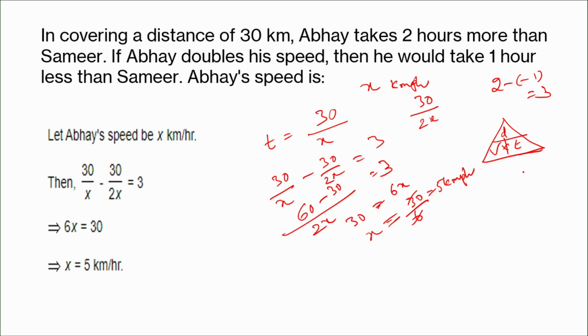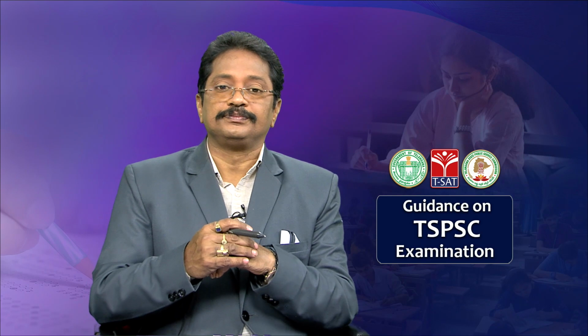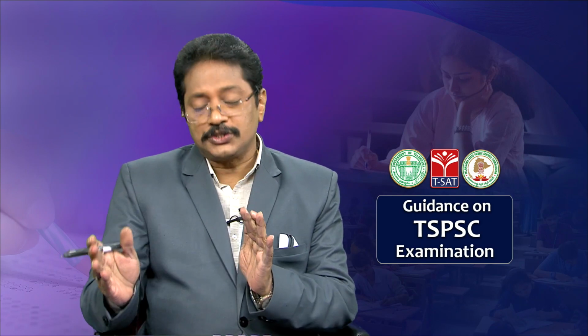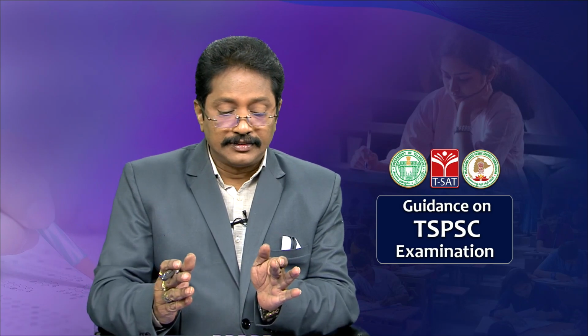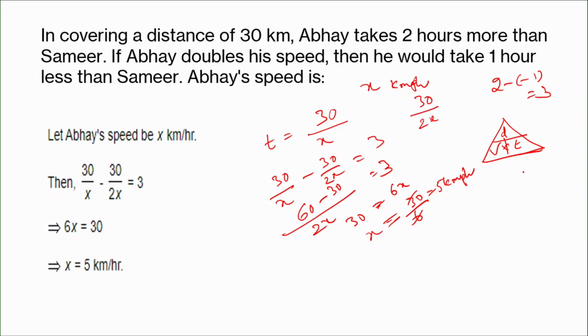Here the information is, when Abhay uses his normal speed, he covers 30 kilometers 2 hours earlier than Samir. But when Abhay doubles his speed, he would take 1 hour less than Samir, so it will be 2 minus of minus 1, that is 3 hours.